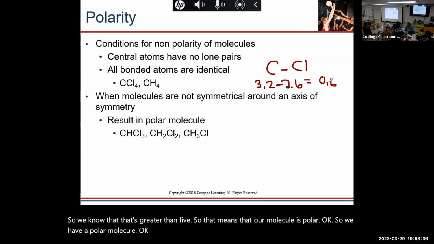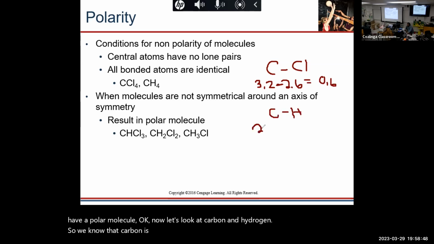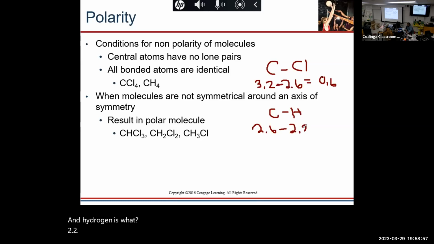Now let's look at carbon and hydrogen. We know that carbon is 2.6 and hydrogen is 2.2. That's going to equal 0.4. Is that going to be polar or non-polar?